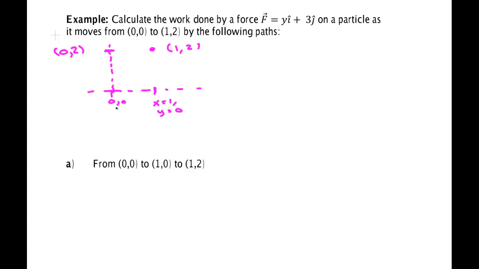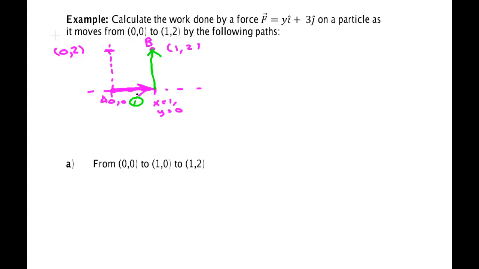And I want to go from this point here, call that A, to this point B, and I want to calculate the work done. So the first one says go from 0, 0 to 1, 0, that is, go along this path. And then follow that by going along this path and calculate that work.